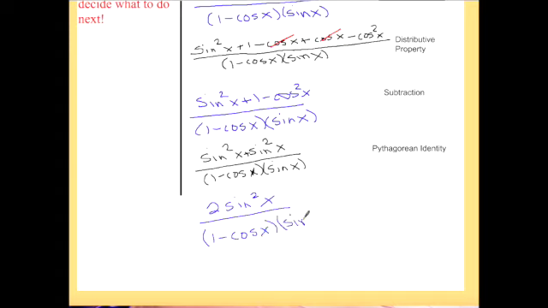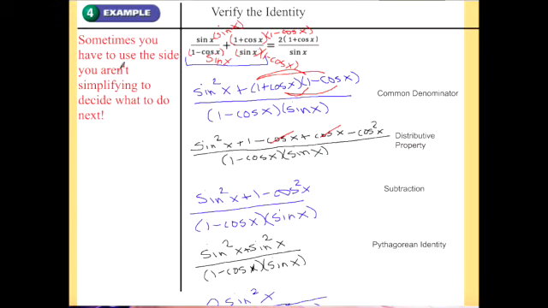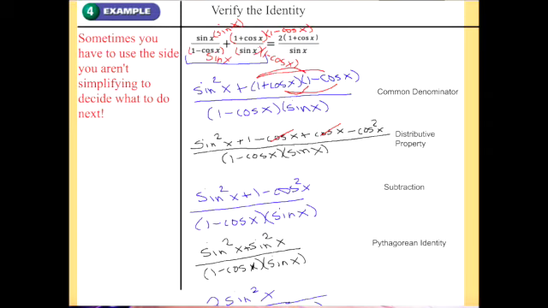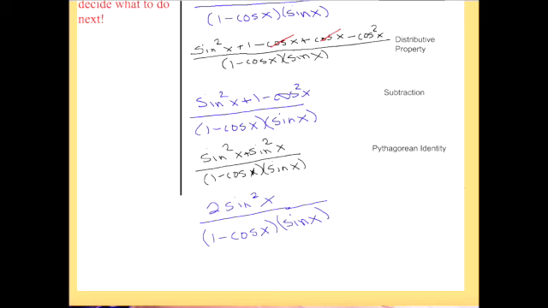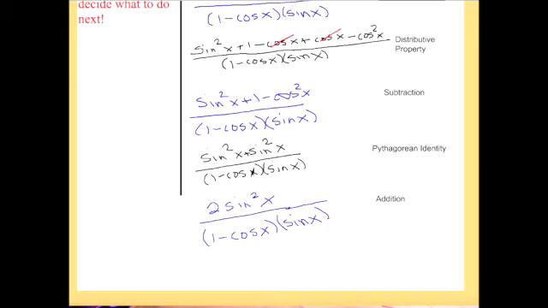And while I know I can reduce this sine with one of those two sines, that would be the wrong option here because I want to keep that sine in the denominator. Remember, sometimes you're going to have to use this side to help you with what to do next. I'm happy with that sine being there, so we've got to keep it there. What we also have to do is write our justification. We just did addition. But now, what to do?